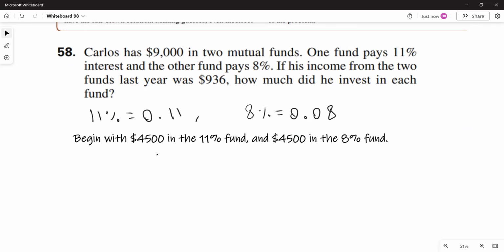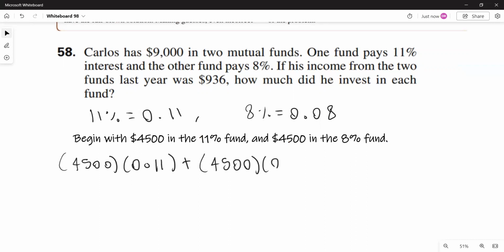Okay, so let's see how much interest is that. That's going to be 4,500 at 11% plus 4,500 at 8%. So if you add that, that's going to be $855.